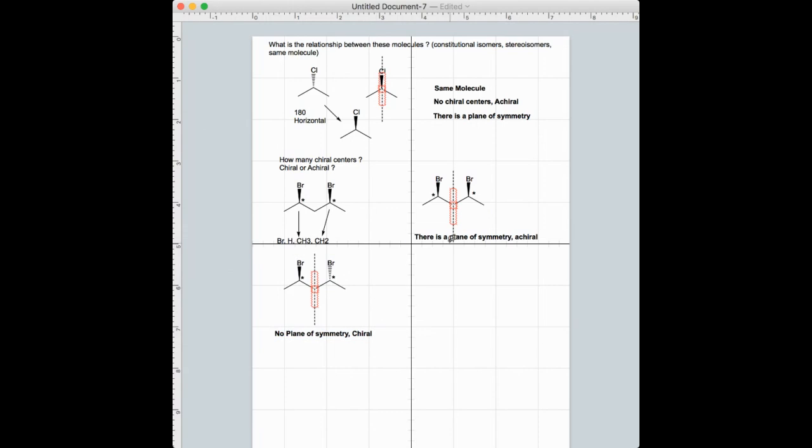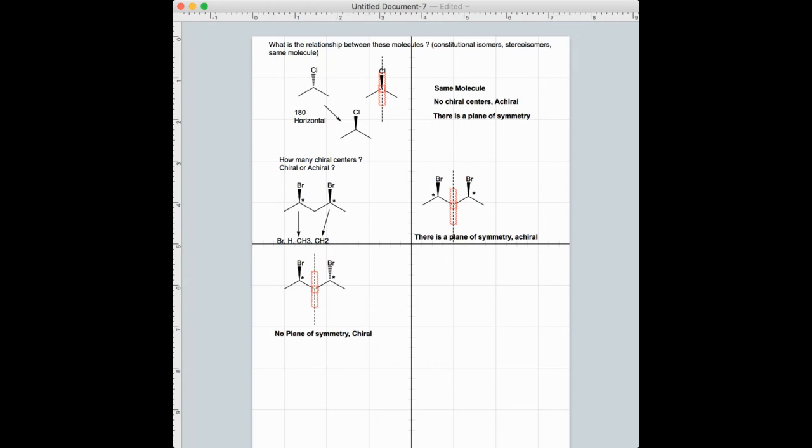So here are two examples. One example of a molecule with two chiral centers having an element of symmetry, making the molecule achiral. A molecule with two chiral centers, no element of symmetry, the molecule will be chiral.